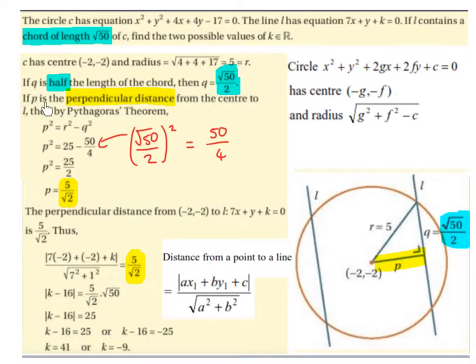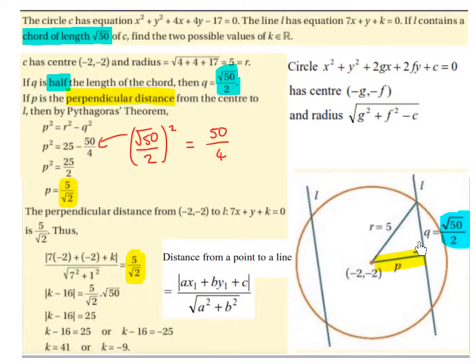If p is the perpendicular distance from the centre to the line L, which is the chord, we're going to call this length p. Then by Pythagoras' theorem, p squared is equal to r squared minus q squared. We know that Pythagoras' theorem is c squared equals a squared plus b squared, where c is the hypotenuse.